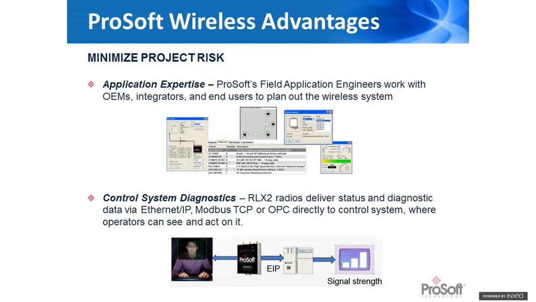So this puts information about the network directly in front of the people who need to maintain that network and maintain that system, the control, the automation guys. So that helps to really keep the system running more reliably.